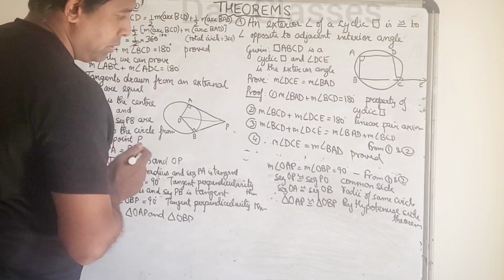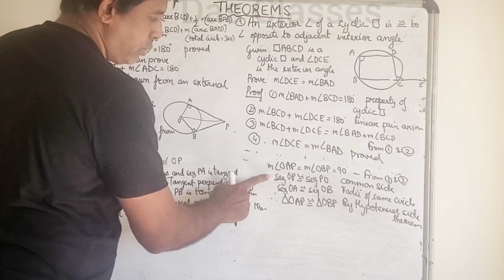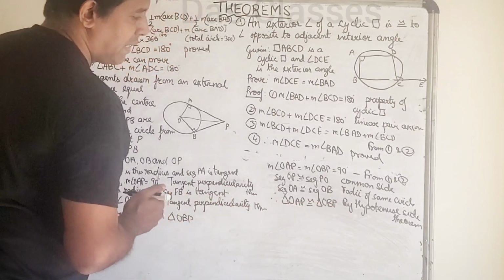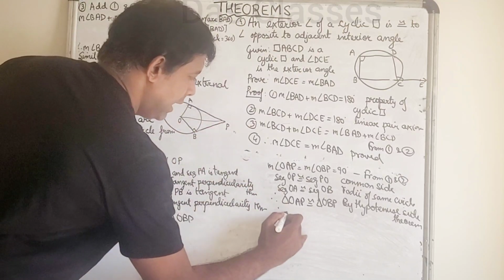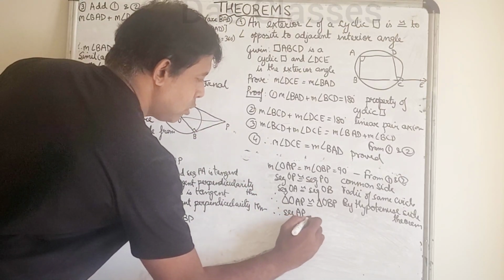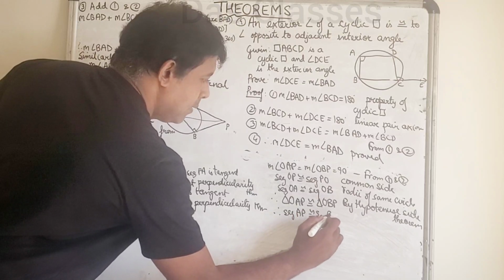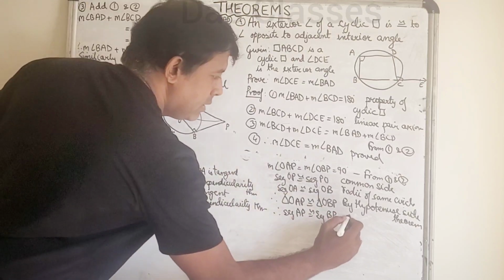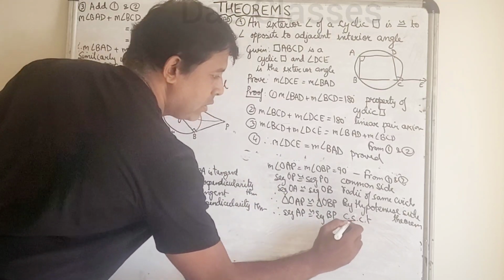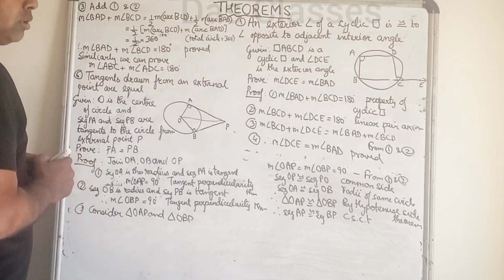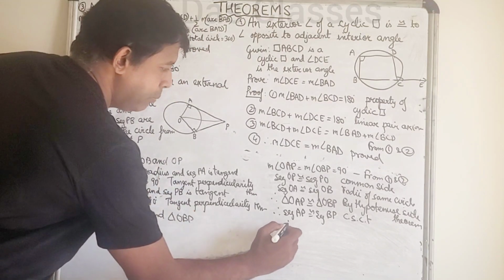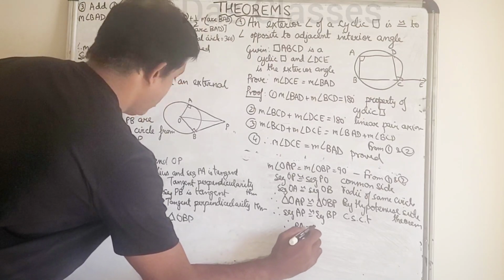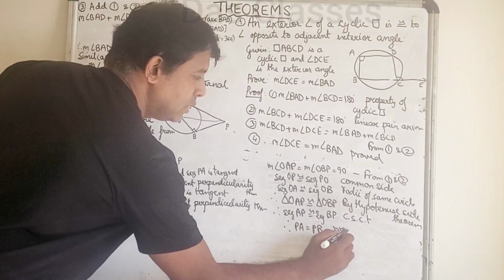Okay, so over here, as the hypotenuse is congruent and one of the side is congruent, therefore the triangles are congruent by hypotenuse side theorem, and therefore segment AP is congruent to segment BP. CSCT, corresponding sides of congruent triangles, and that is what we needed to prove. Therefore PA is equal to PB, proved.